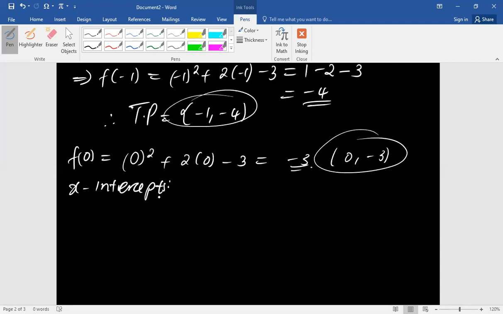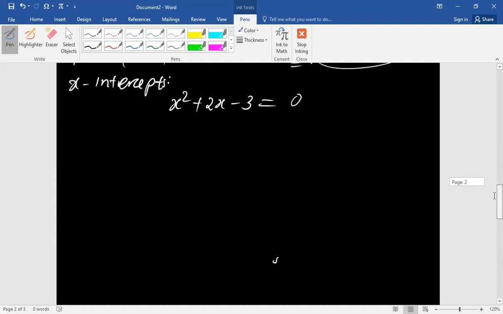For the x-intercept, we're going to say y is equal to 0. So that means x squared plus 2x minus 3 is equal to 0, since this whole thing is equal to y.